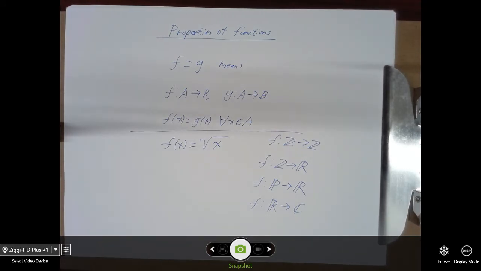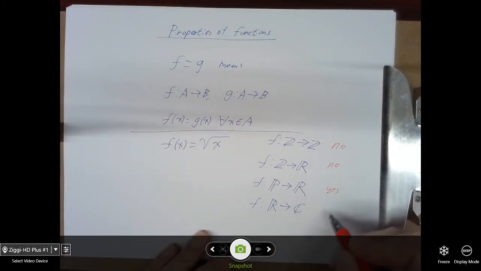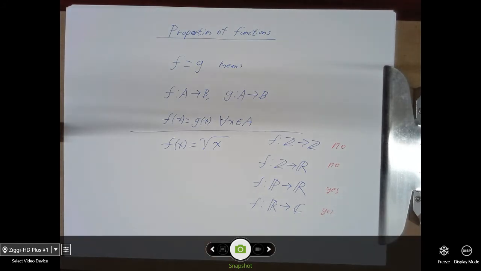So whether or not a function is even well defined depends very much on the domain and the codomain. Same function, but not a function here, functions here. So we always need to keep in mind the domain and the codomain.